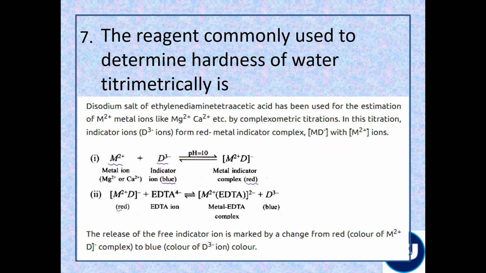Now this red color complex adds up with EDTA and यहाँ पर ion exchange reaction होता है। मतलब here this is actually disodium EDTA which can be written as Na2EDTA. Disodium matlab Na2 or EDTA. What will be the charge on this complex? -2.